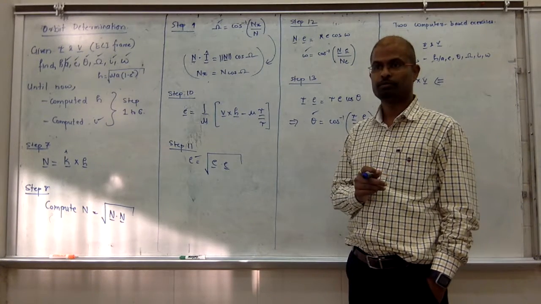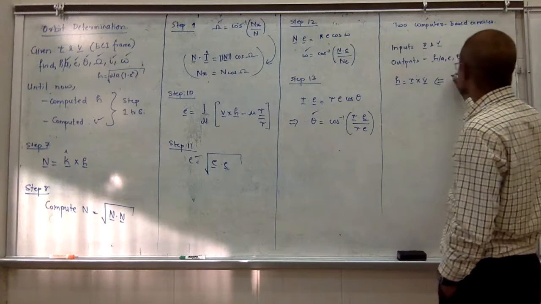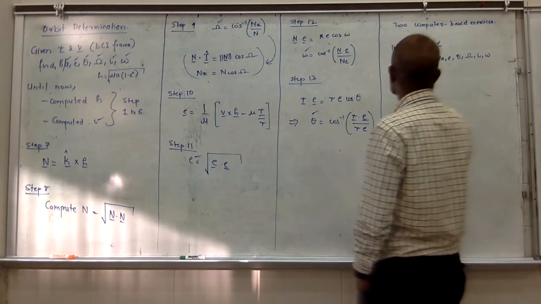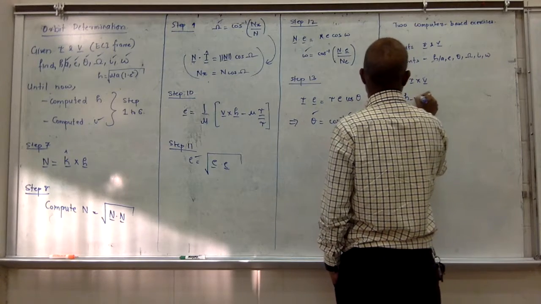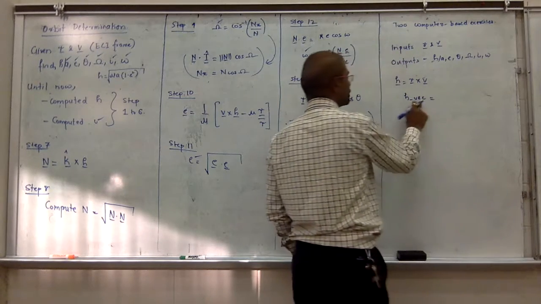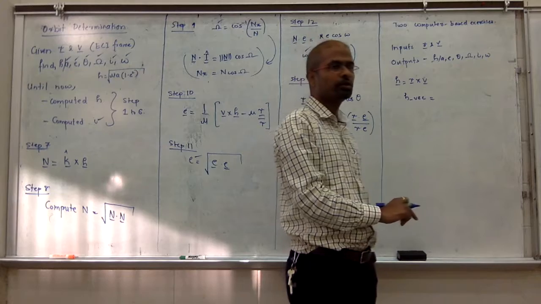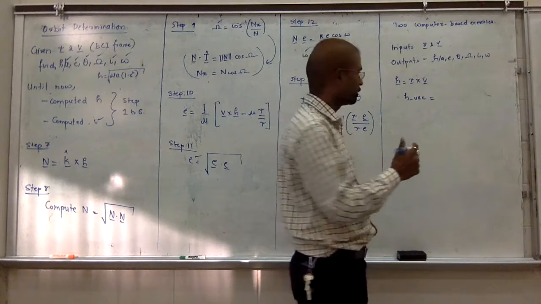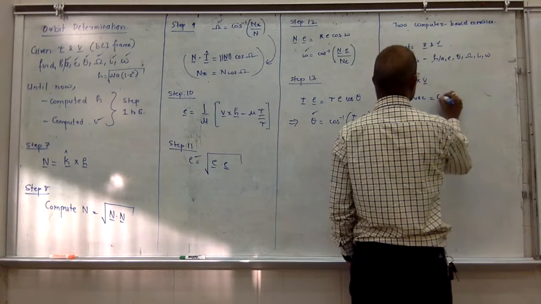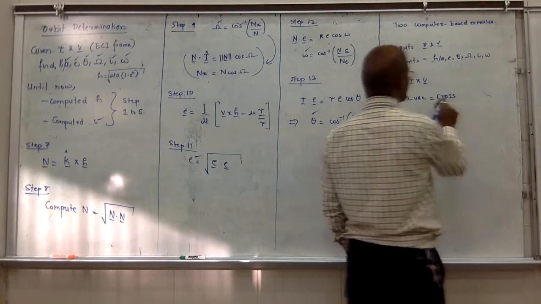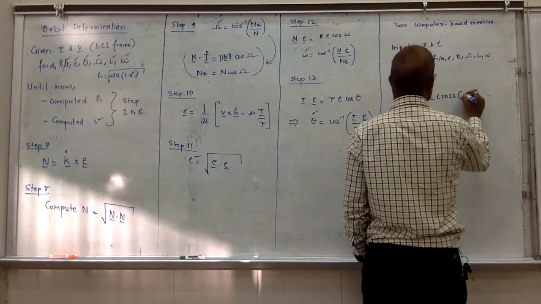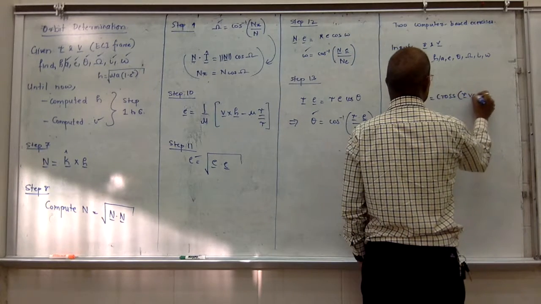So the MATLAB code is H_vec equals cross(R_vec, V_vec). These are just my variables, you can define variables and names the way you want. Cross is the command specific to MATLAB.